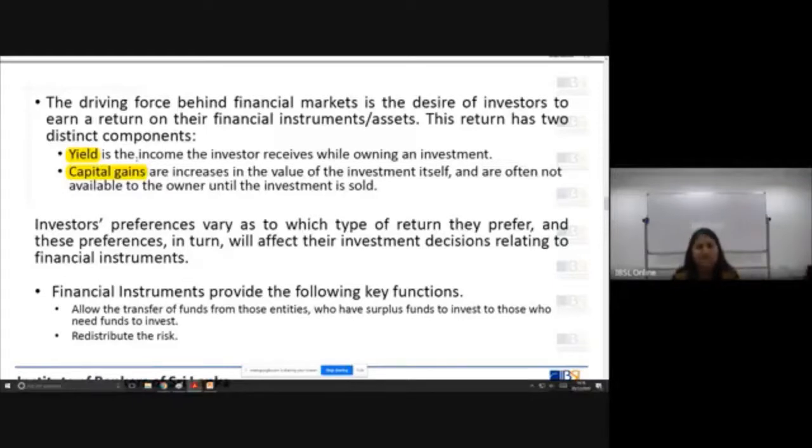That's a yield for you. Capital gains happen when you sell it. So it's not called yield, that's why it's called capital gain. When you sell it, when you disown the investment, you get this particular return, and that is called capital gain.